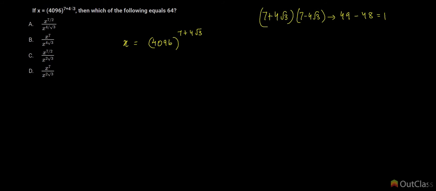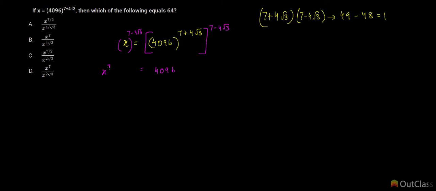So what I do here is I would raise both sides by 7 minus 4 root 3. Now you know that a raised to m the whole raised to n is a raised to mn. So the RHS is going to become 4096 raised to 1. That is the step.